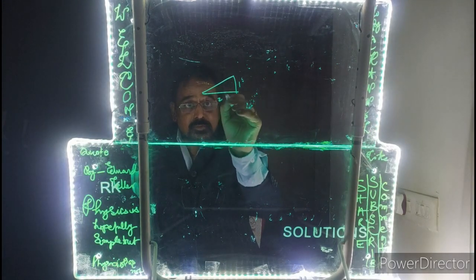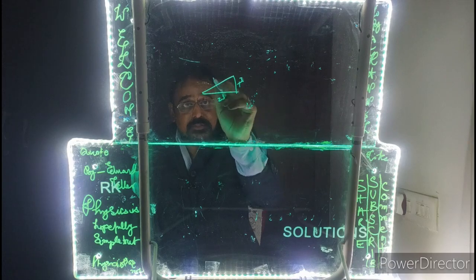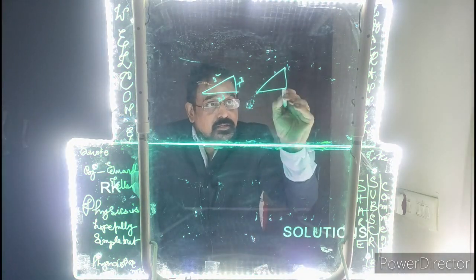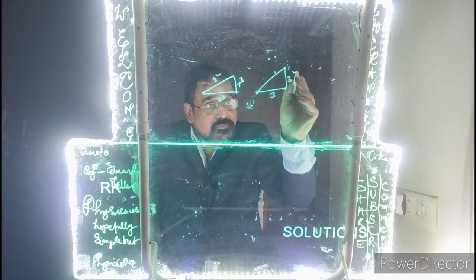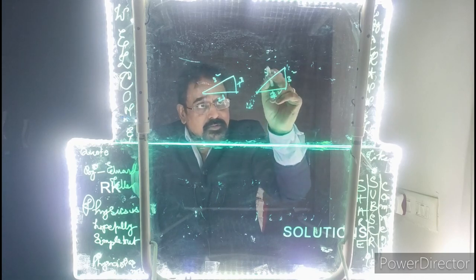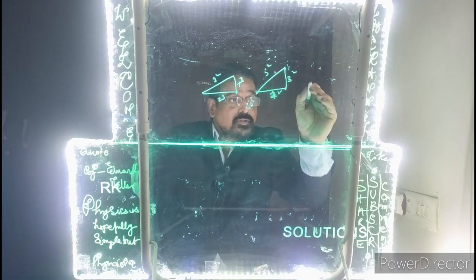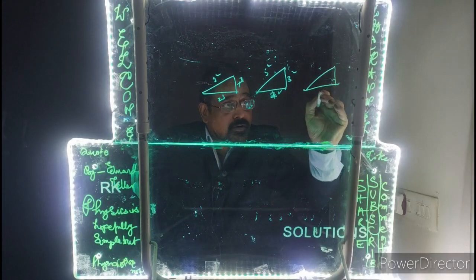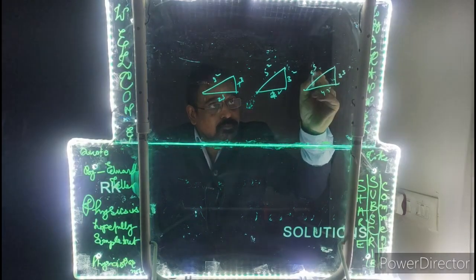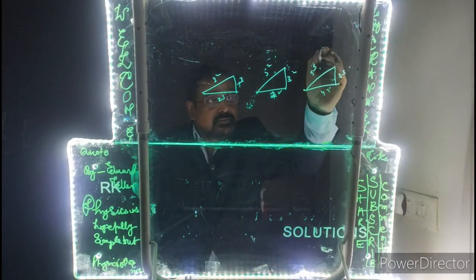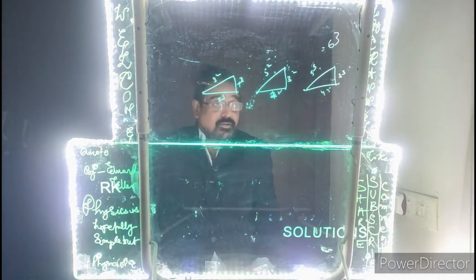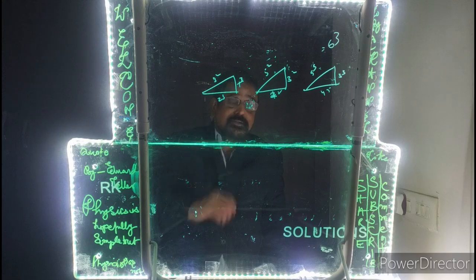from 1, 2, 3, 1, 2, 1, 2, 2 cube, 3, 3 square, make 3 square, 3 square, 4 square, make 5 square, 3 cube, 4 cube, 5 cube, make 6 cube, but not according to Pythagoras.